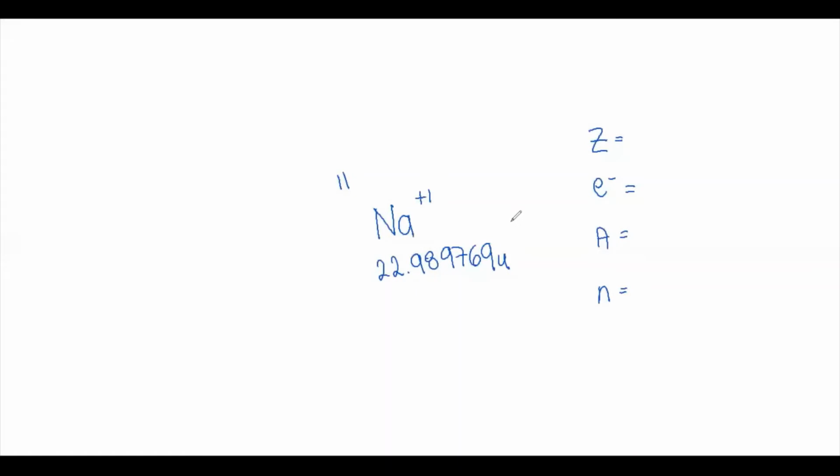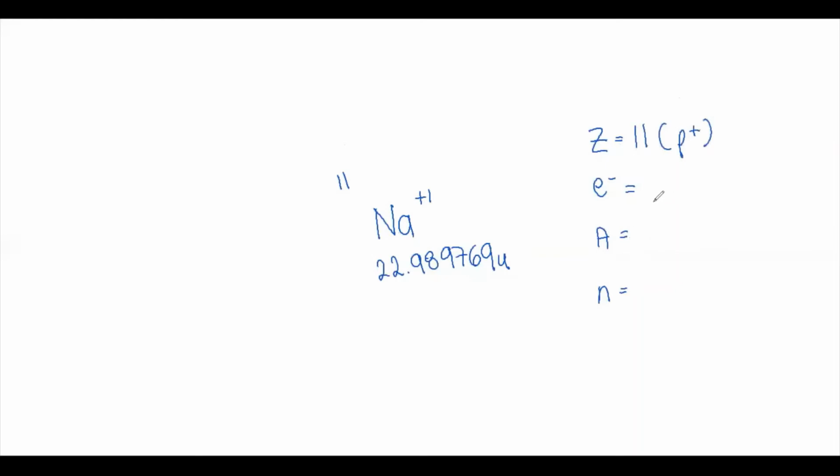Okay, so let's take a look at this example in which we have an ionized element. This is sodium, it belongs to family 1, and we have a +1 here, indicating that sodium has lost 1 electron, right? So we said that Z represents the number of protons, and it's this given number here, so Z will be equivalent to 11, and this will indicate the number of protons in my element.